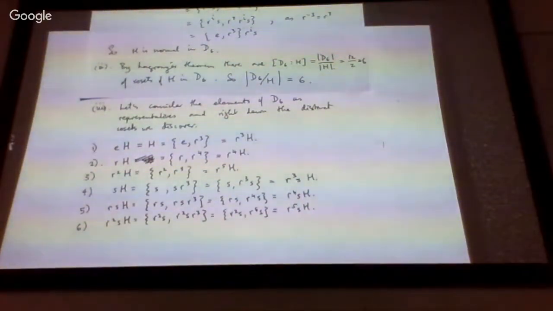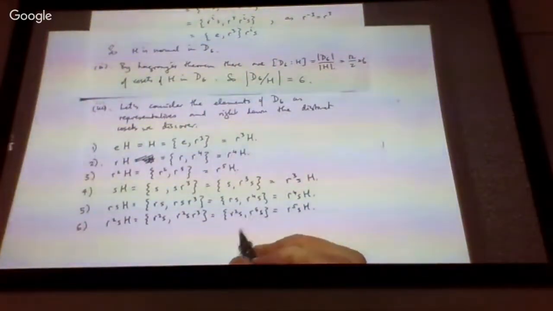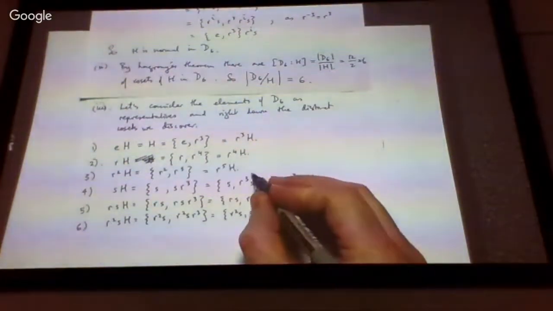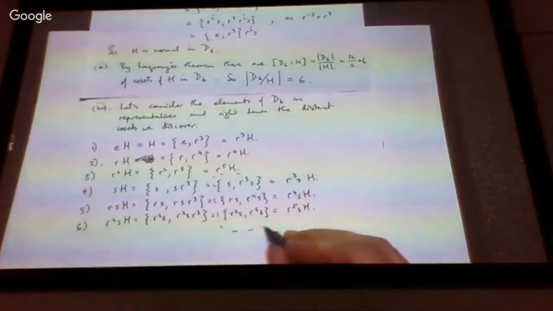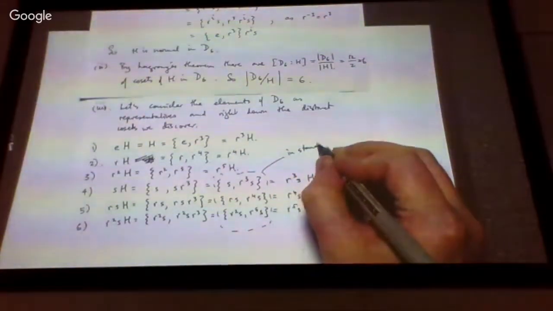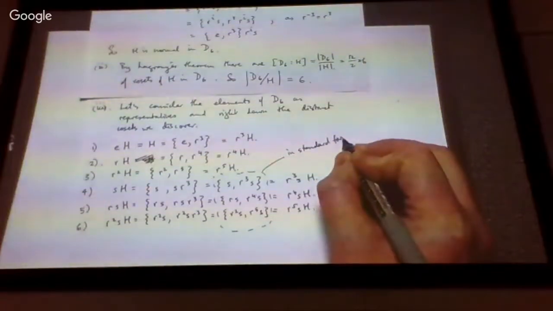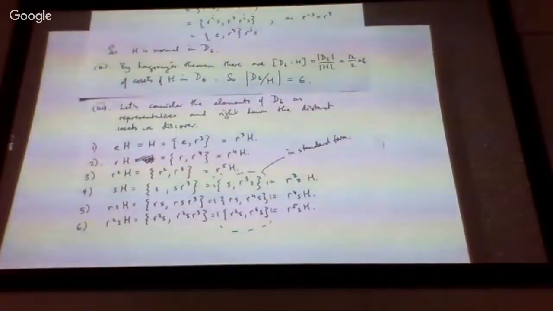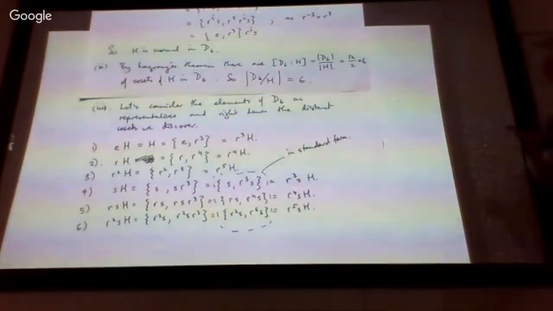The point about doing the second representation here is to get these in the standard form that's quoted in the question. The standard form is good because if you're comparing different elements in standard form, you can just inspect them.